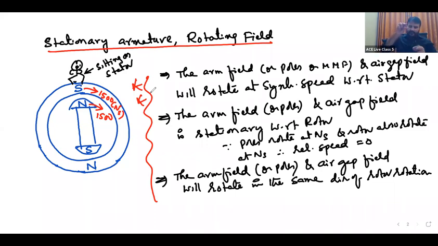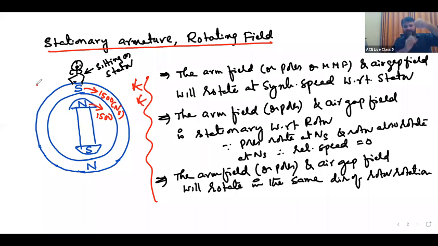Yes. Dear students, once again, look at me. This is the stator. The stator is stationary. Stop writing, listen. The stator is stationary, no? But the stator poles are rotating at synchronous speed. And the rotor is anyhow rotating at synchronous speed.